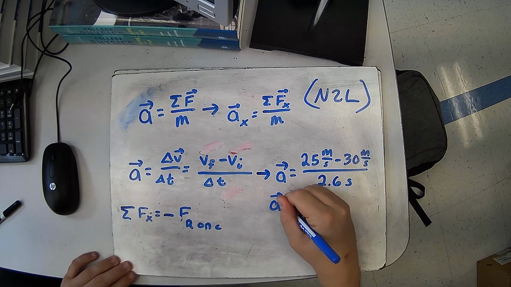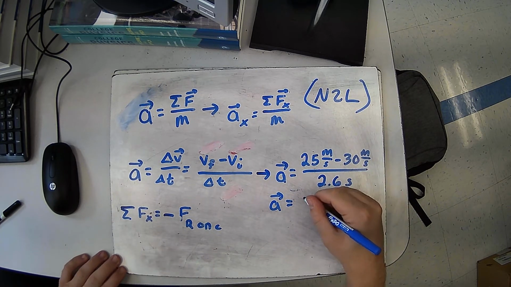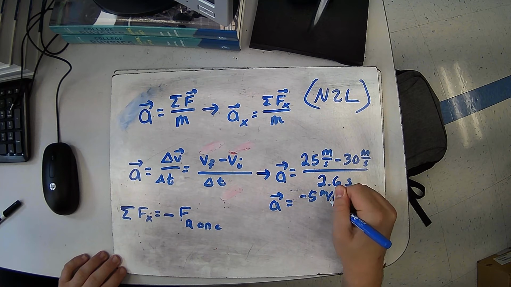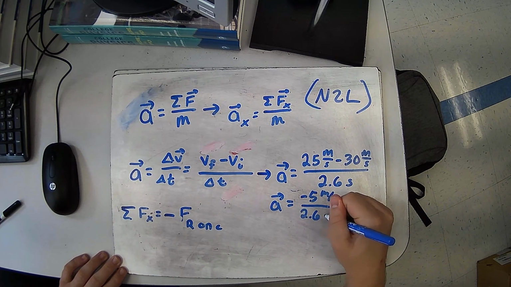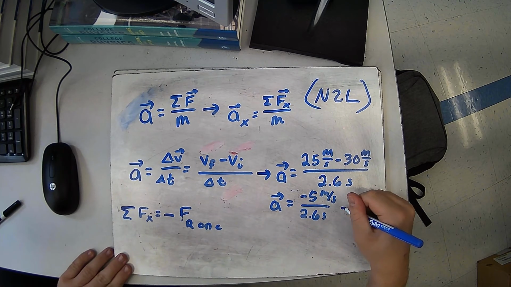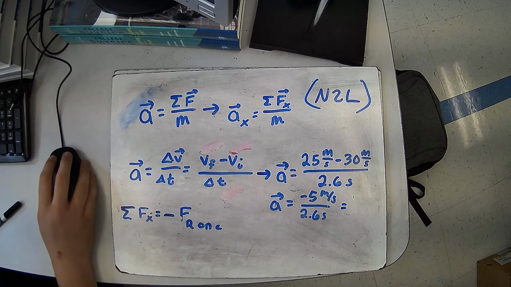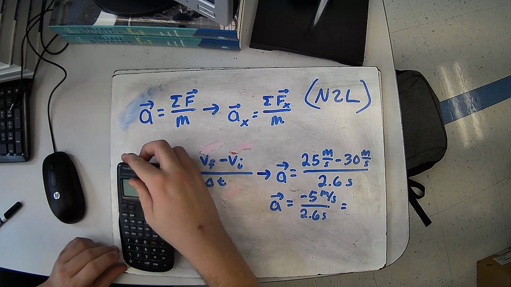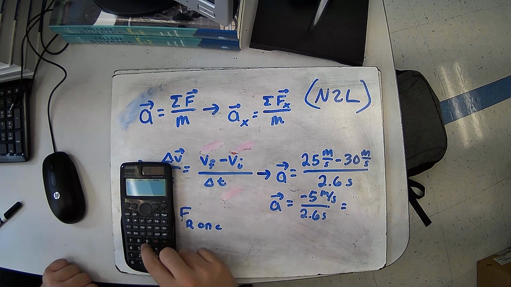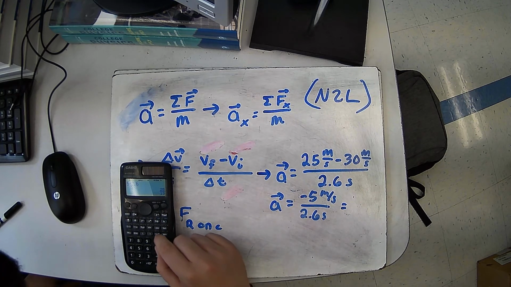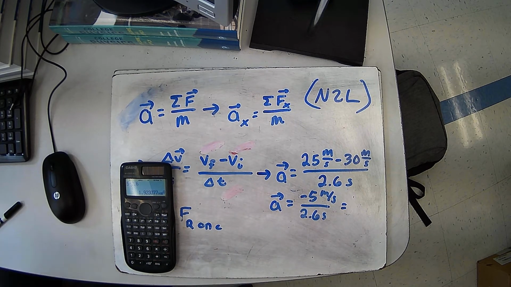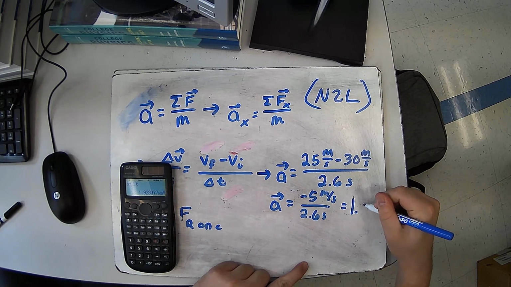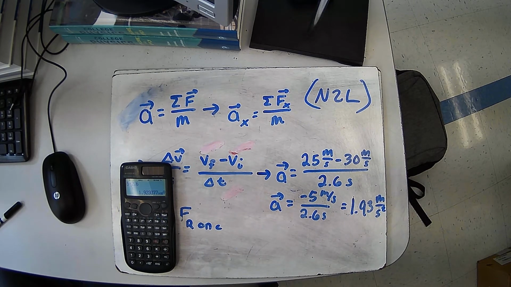So my acceleration is negative 5 meters per second divided by 2.6 seconds, or plugging that into a calculator real quick, I find 5 divided by 2.6 equals 25/13. That's not helpful, but 1.93 is. 1.93 meters per second squared. Cool.